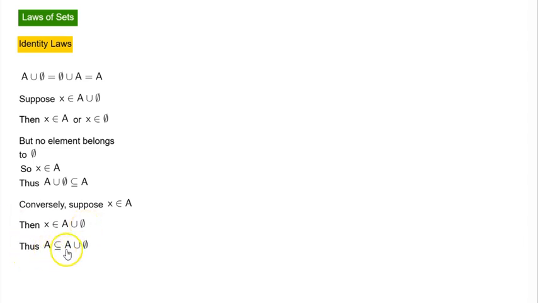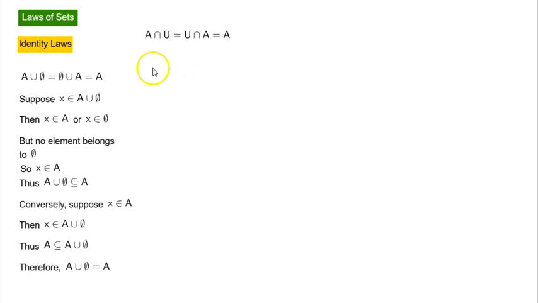Thus A is a subset of A union empty set. Therefore, because A union empty set is a subset of A and A is a subset of A union empty set, they are subsets of each other. So A union empty set is equal to A.